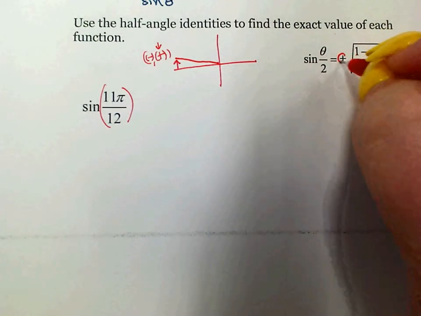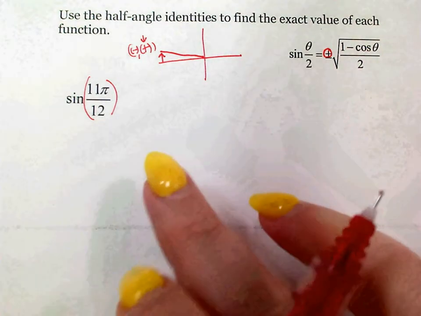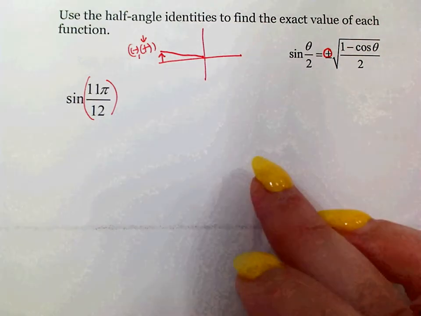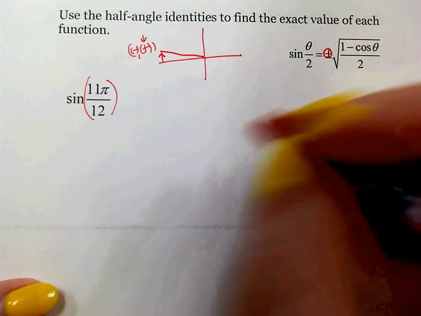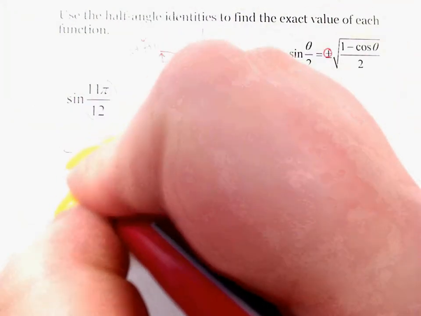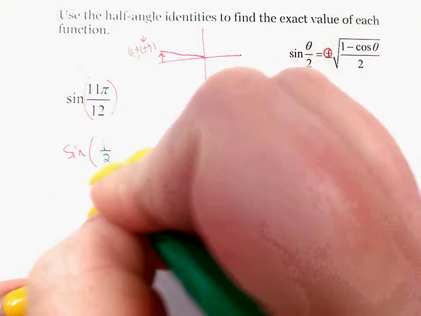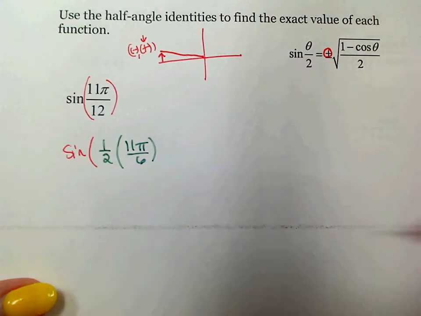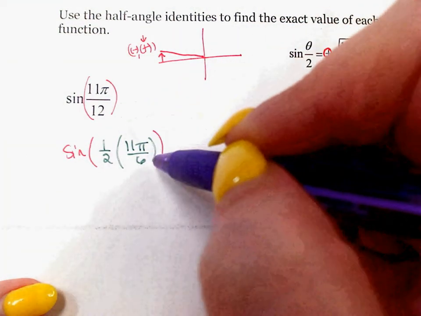Now what I've got to do is figure out what theta is, because I don't know the value of 11 pi over 12 like I do know the half angle. So what I want to do is just think about it like this. Sine of 11 pi over 12 is equivalent to sine of 1/2 of 11 pi over 6. If I just take my angle and cut it in half, then I can say half of this angle is that.